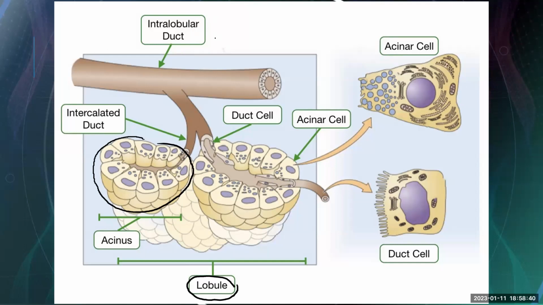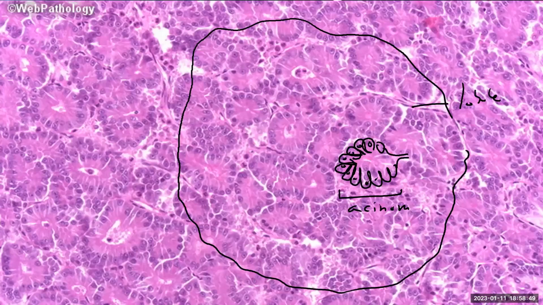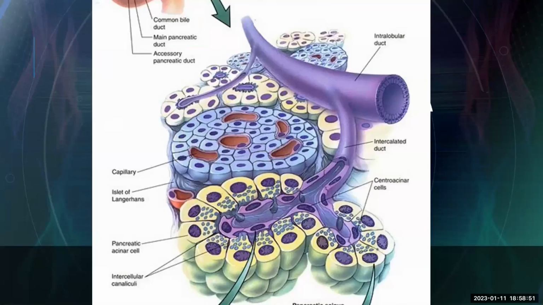So this is now connected to the pancreatic duct, and we can also find the islet of Langerhans between some collection of acini.